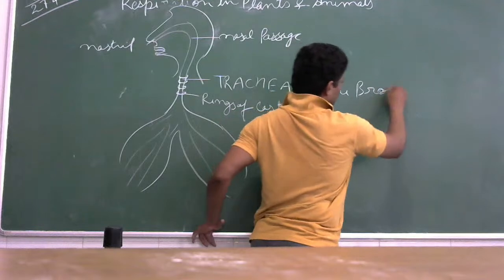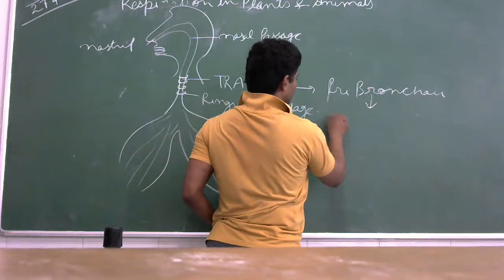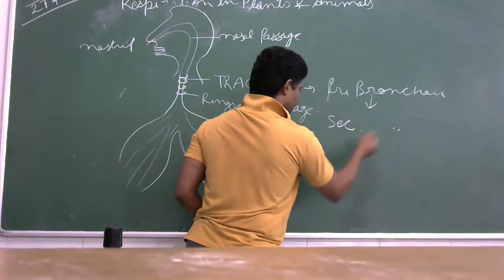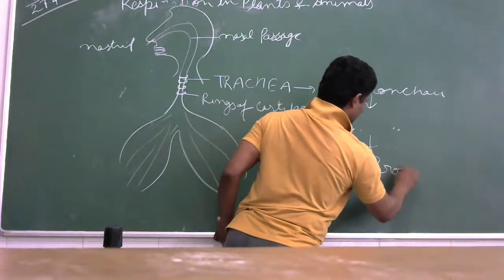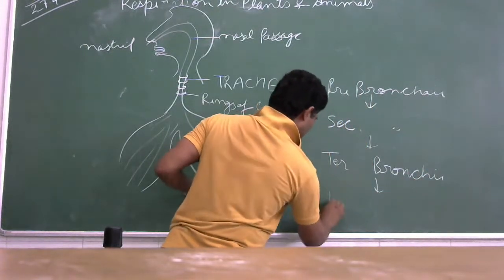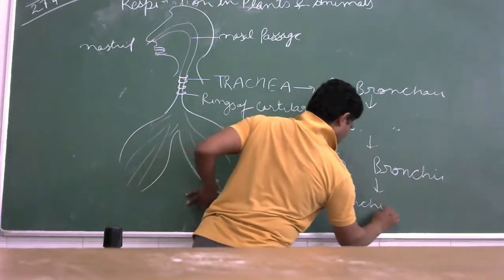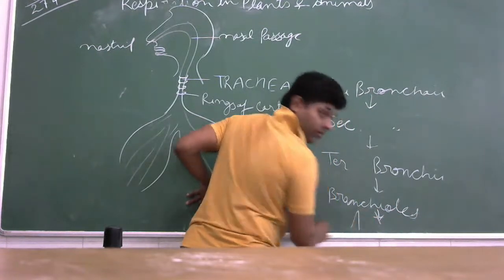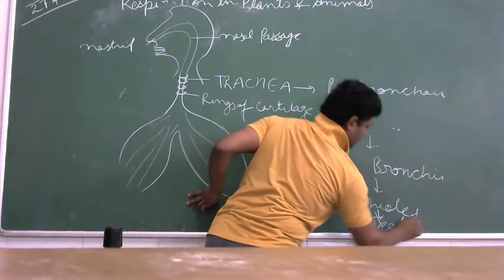primary bronchi. This primary bronchi opens into the secondary bronchi, and this secondary bronchi further into tertiary bronchi, and then to bronchioles, and then alveoli.